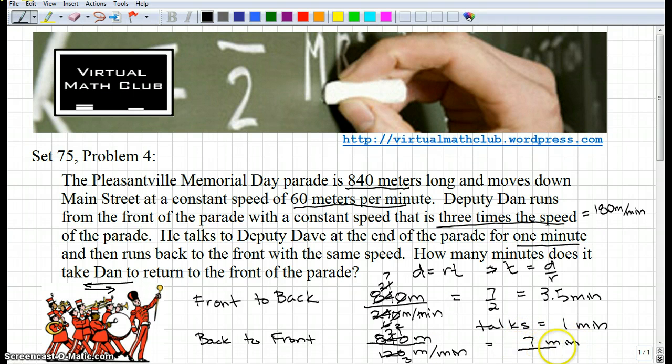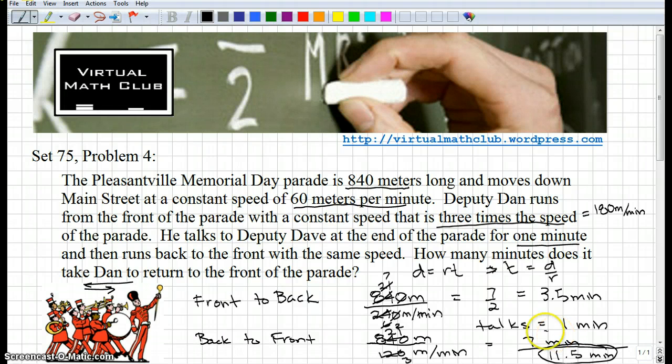Alright, so let's add all that up. So we have 3.5, 1, and 7, so that's 11.5 minutes. Okay, so it's going to take a total of 11.5 minutes for Dan to run from the front to the back and talk, and then run from the back to the front again.